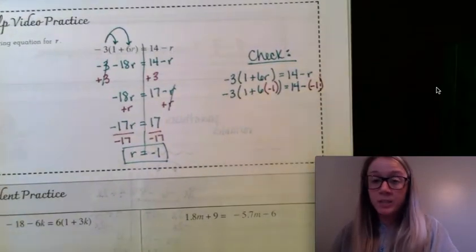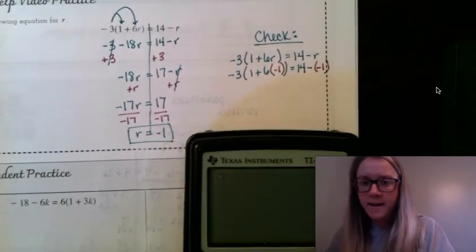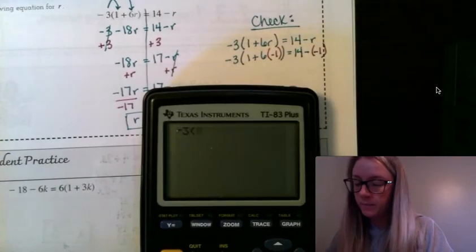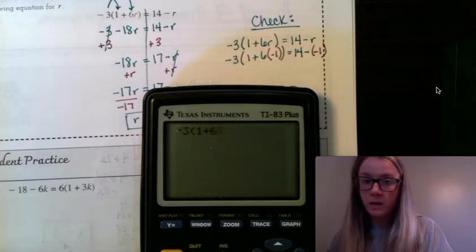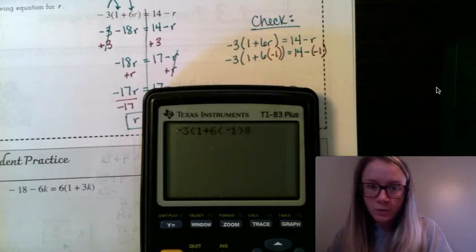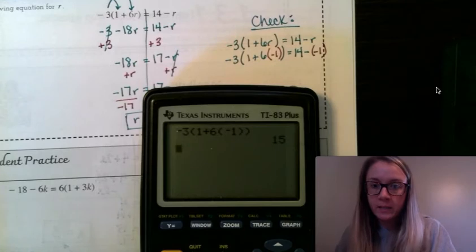For this, I am just going to type the two different sides into my calculator. So I have -3 and then parentheses, 1 plus 6, more parentheses, -1, and then I need to make sure that I do 2 parentheses to close. And I get +15.